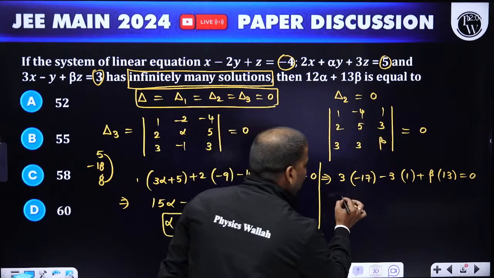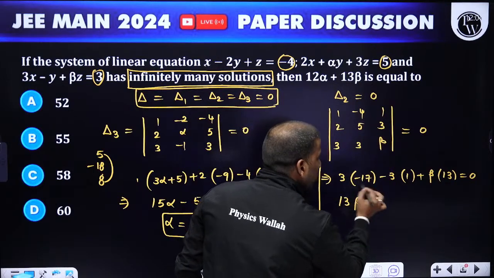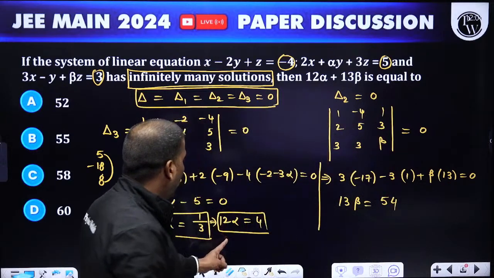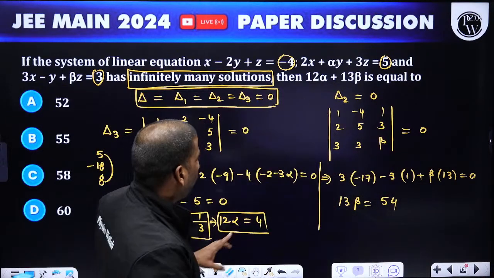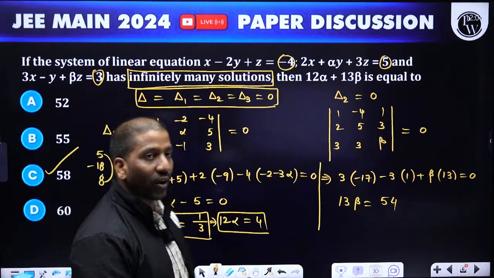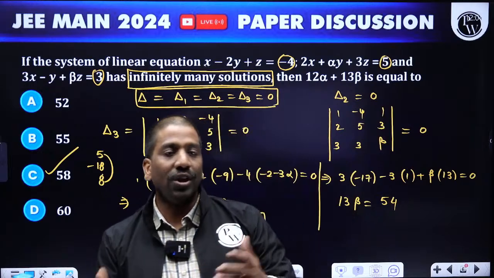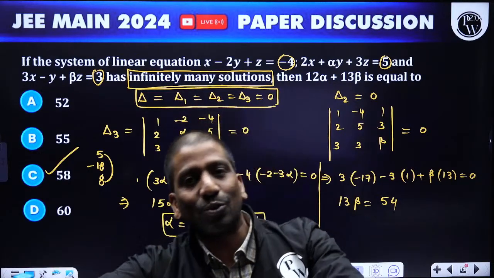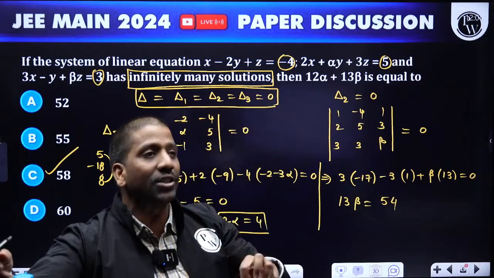So 13 beta is equal to 51 plus 3, which is 54. So 12 alpha is 4 and 13 beta is 54. So 54 plus 4, 58 is the answer. So this is how we have used our known points effectively to answer this question in the easiest manner.